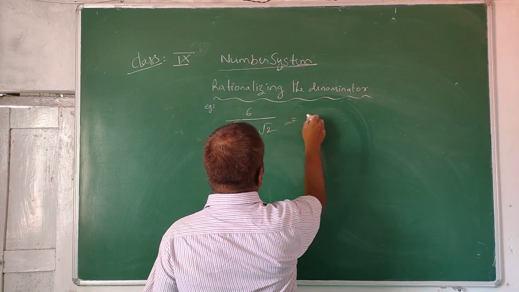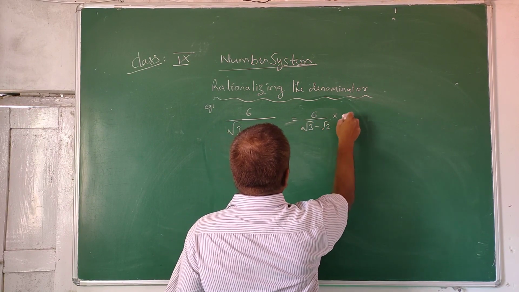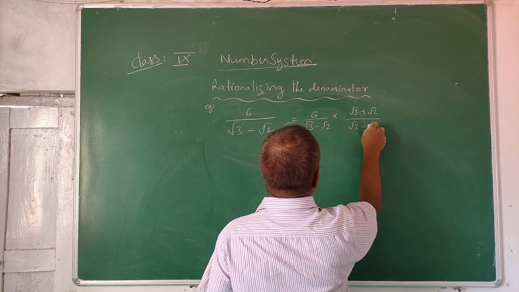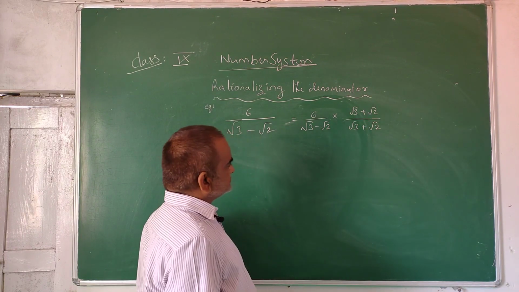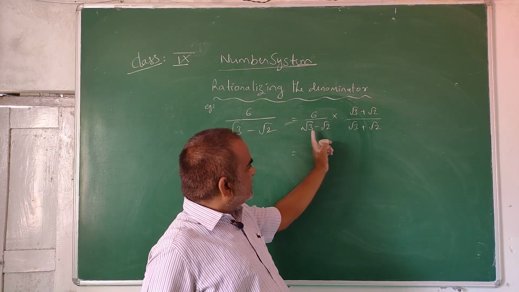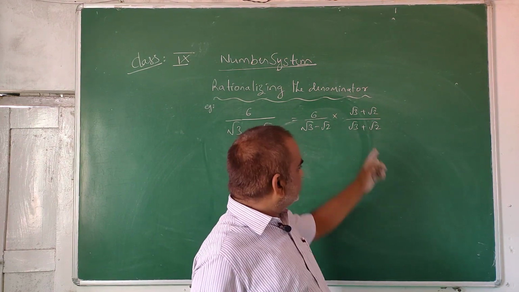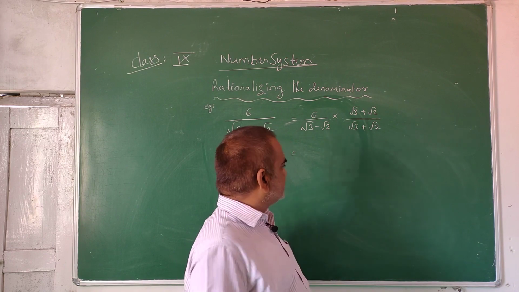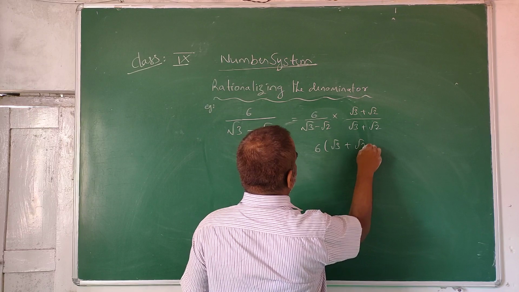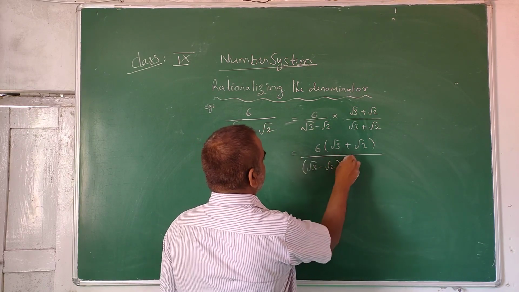So I multiplied and divided by root 3 plus root 2. That's it, very simple. Then 6 into root 3 plus root 2 by root 3 minus root 2 into root 3 plus root 2.